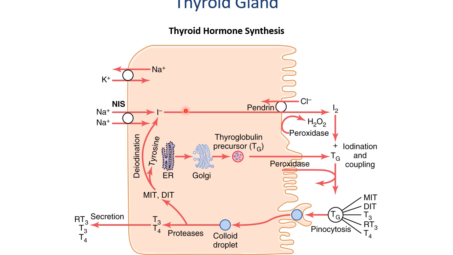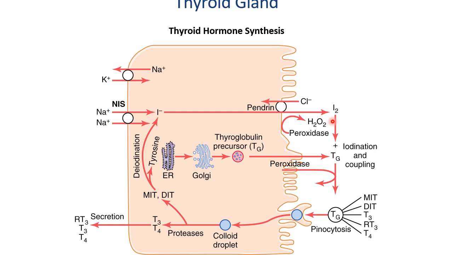So iodide will be pumped into the colloid side, but this iodide will be oxidized into elemental iodine. So the charge of iodine from -1 inside, once it is pumped into the thyroglobulin, it will be converted to elemental iodine or I0. So that reaction is an oxidation reaction. The iodine loses an electron.